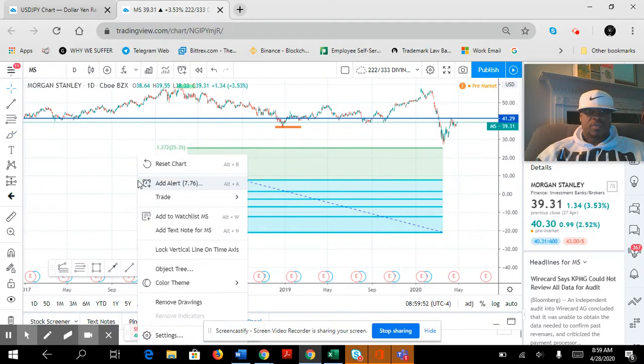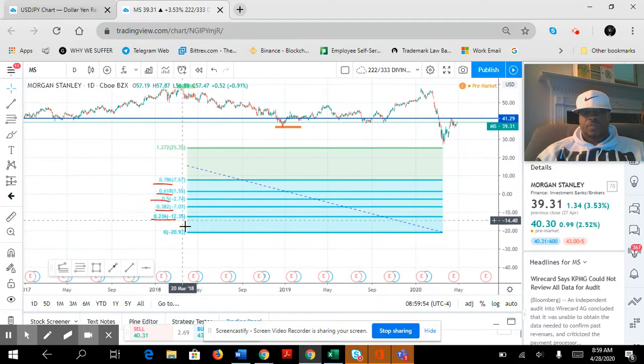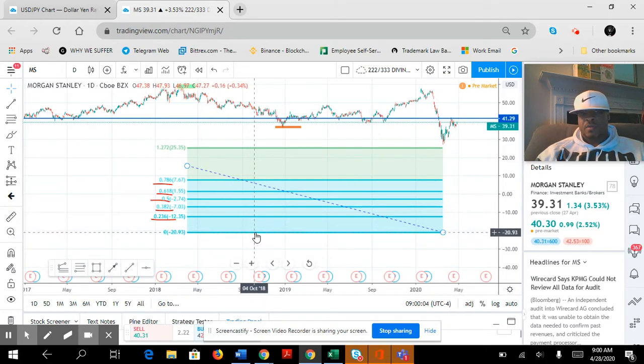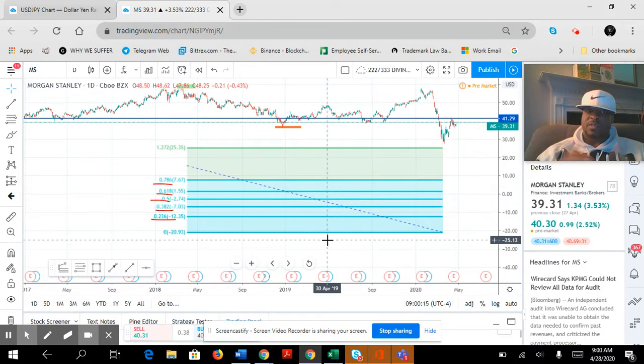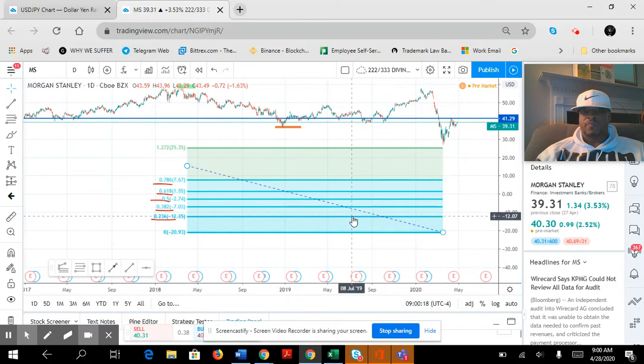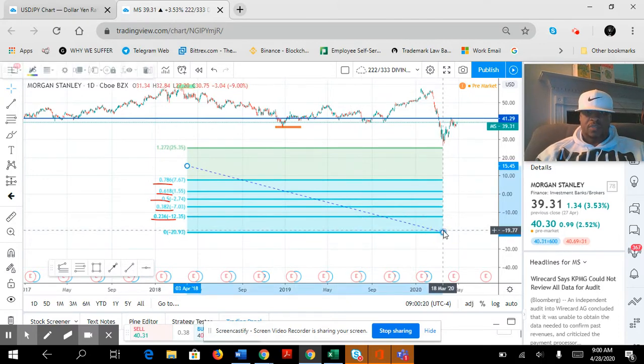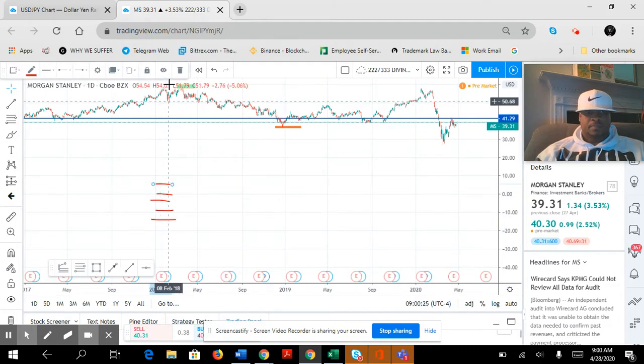What this represents are zones and levels that price can pull back to as a retracement or a correction. If an asset has moved down, then we can expect that it can at least come back to 23%, 38, 50, 61, 78, or even higher. These are some key levels that help us. Remember, everything's about support and resistance. These lines serve as support and resistance. So we got that out of the way.